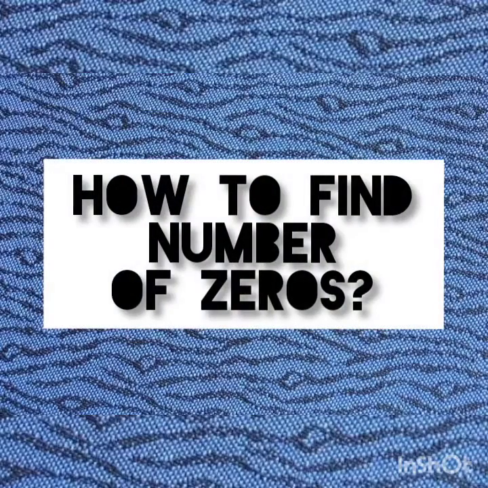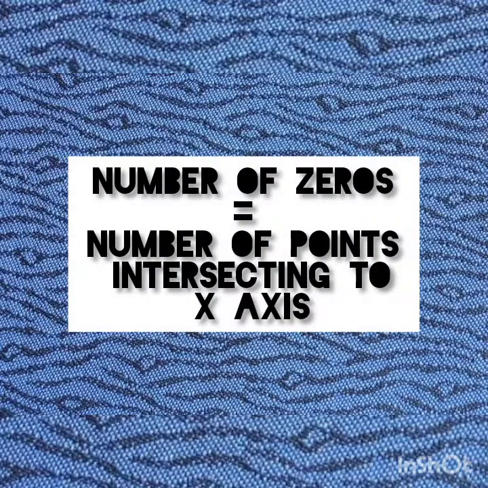Keep this in mind, which is very important as we want to find the number of zeros. Always remember, the number of zeros must be equal to the number of points on the x-axis where the graph is intersecting it. Clear to you?